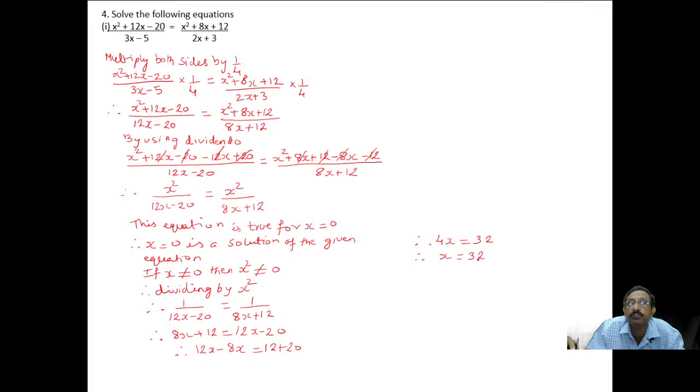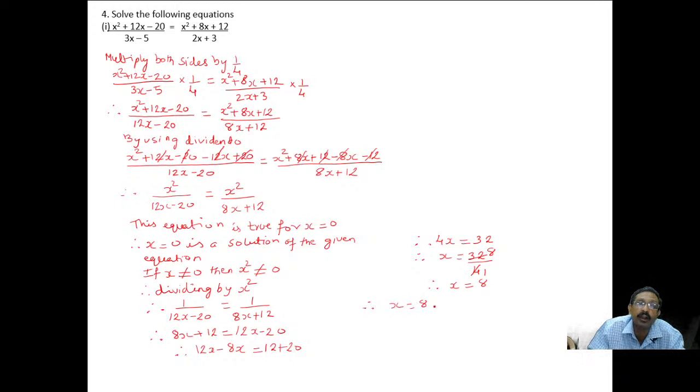Therefore, 32 upon 4. 4 times table. 4 8s are 32. Therefore, 4 1s are 4. 4 8s are 32. Therefore, what we get? The value of x as 8. That means, therefore, x is equal to 8.